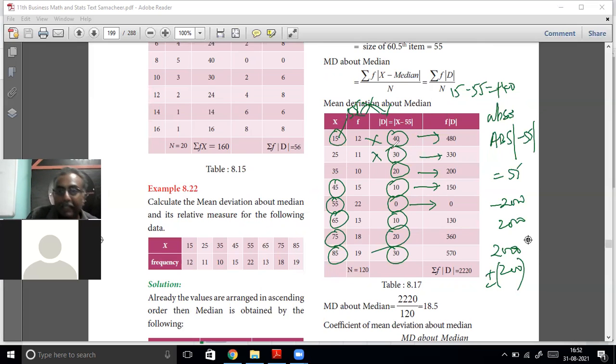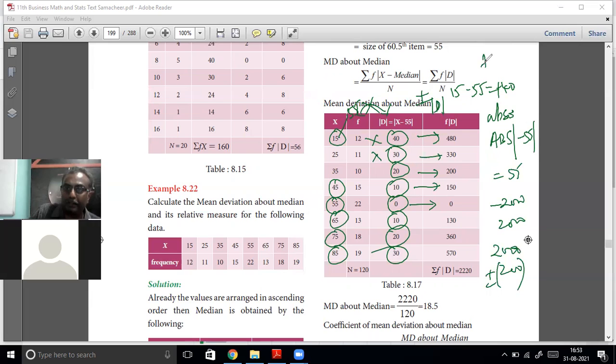See, it is given here. What does this mean when they put it like this? Remove the plus or minus, only the value. That's what I'm telling you. 15 minus 55 is minus 40. Remove the minus because you are doing absolute value. You have not heard of ABS?